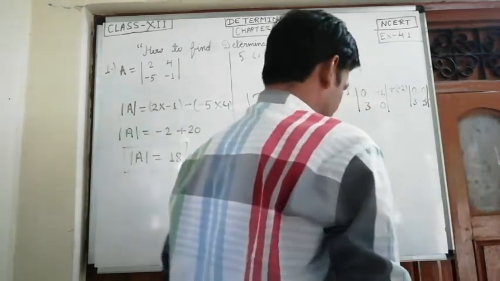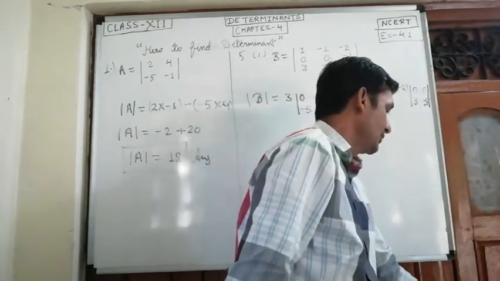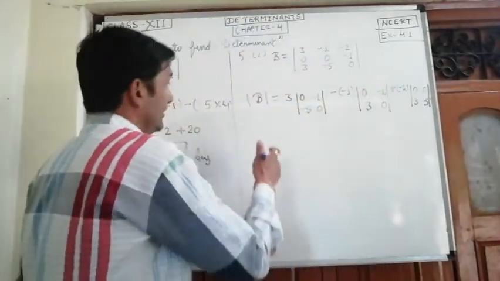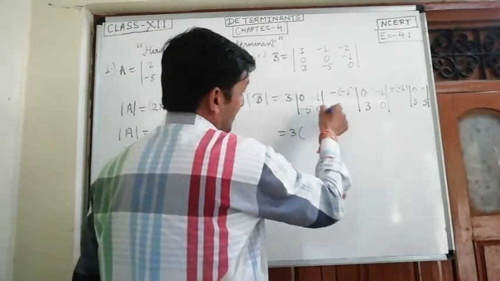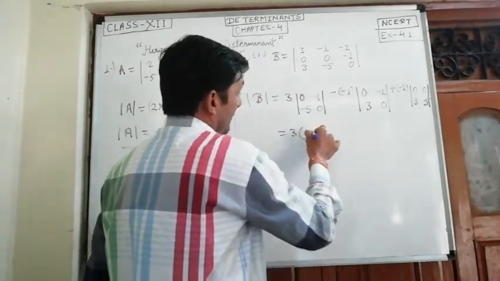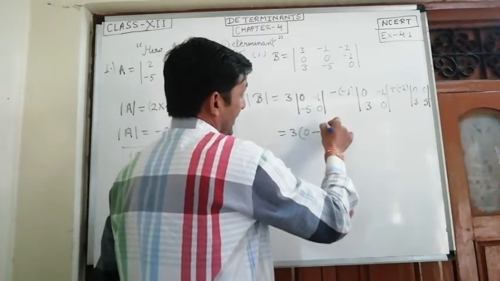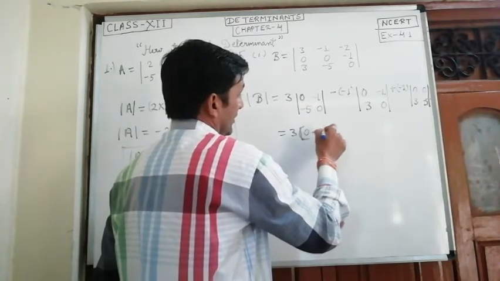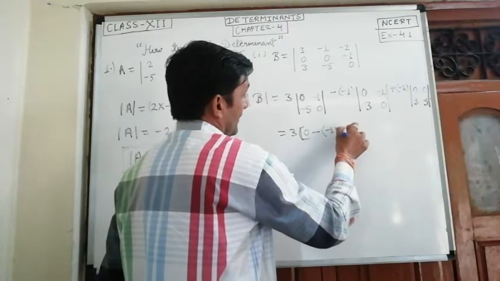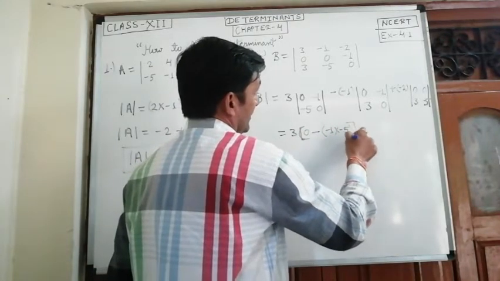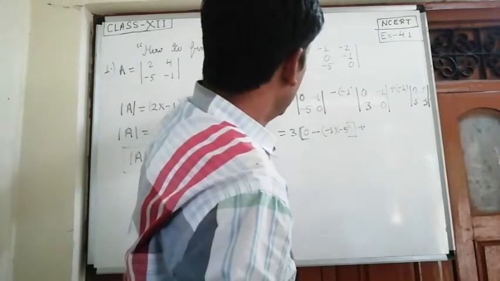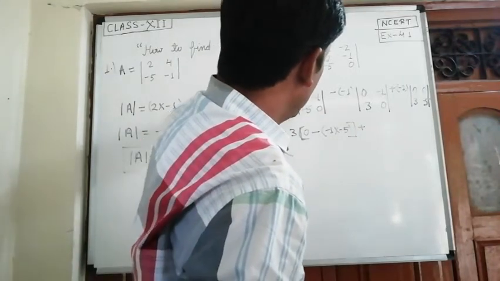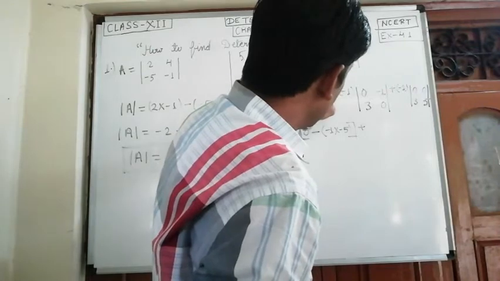So now after doing solution for this part, 3 into that I have explained you, 0 into 0 is 0, minus -1 into -5. Here it is minus into minus plus, means this you remember, here this will be taken as positive, but this will be taken with the negative sign.